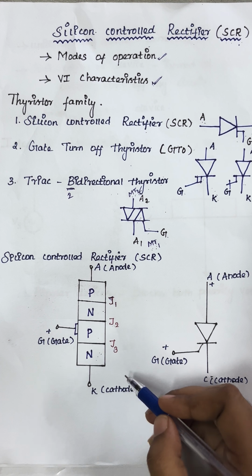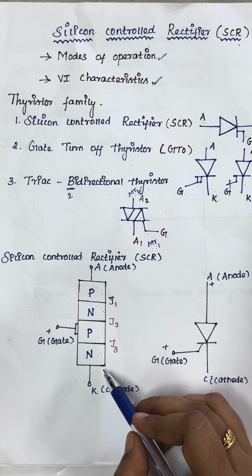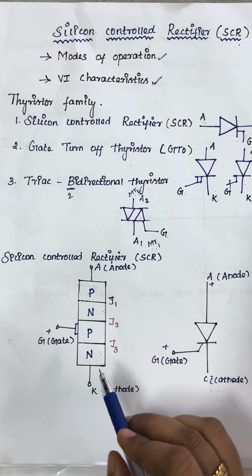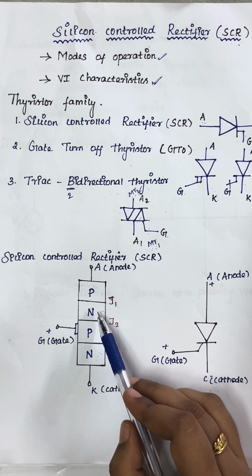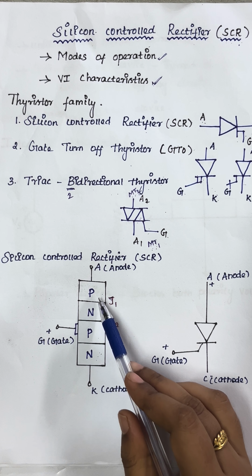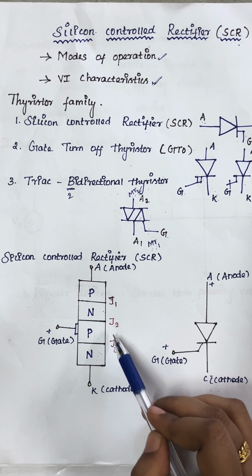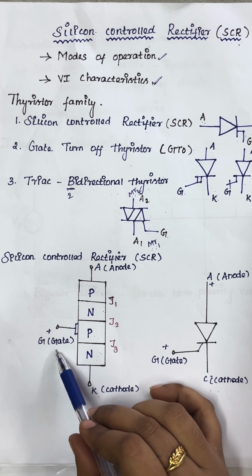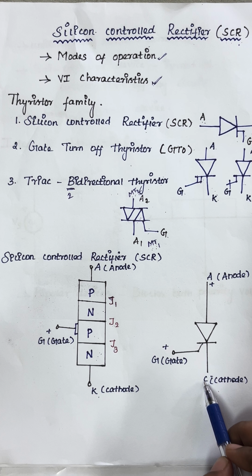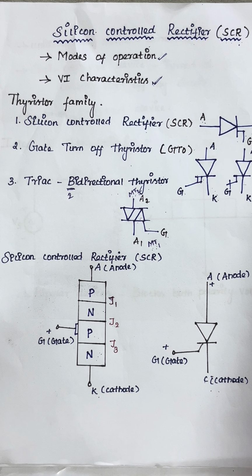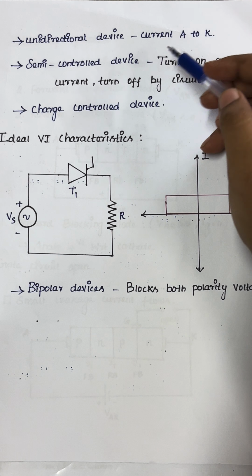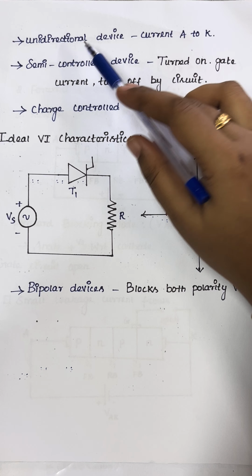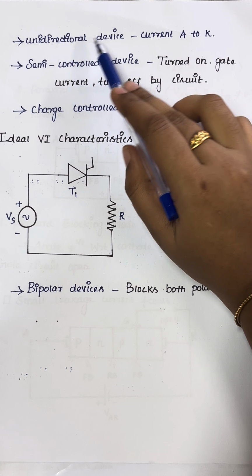Coming to the topic, here is a simple construction view of an SCR. Here we have three terminals, four layers and three junctions. As we know, one terminal is the anode, another is the cathode and another is the gate. Here is the symbol view. As I said earlier, the SCR is a unidirectional device.